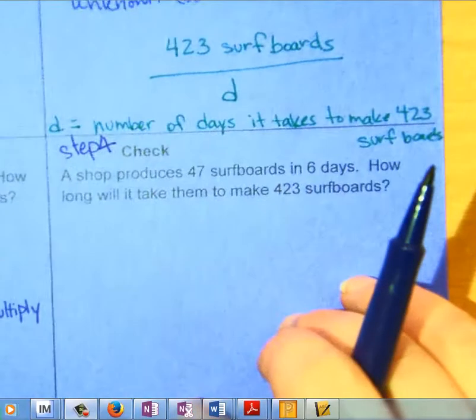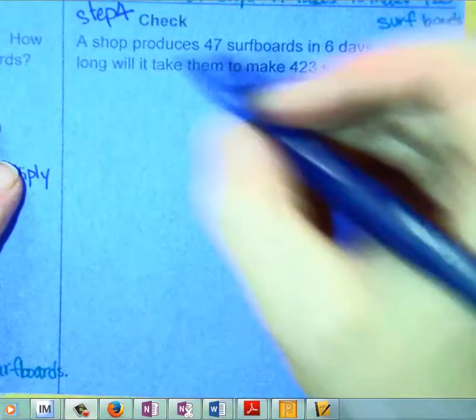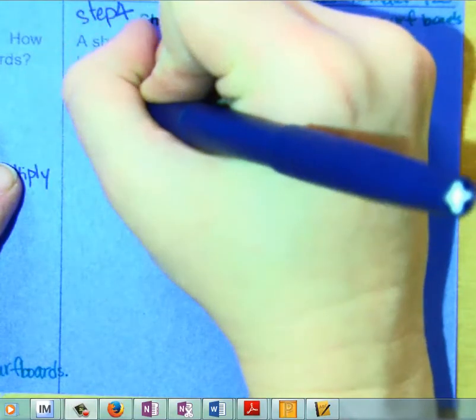All right, so then the last step is we need to check and make sure we've done it correctly. And we've got two methods. Method one is to check our cross products.